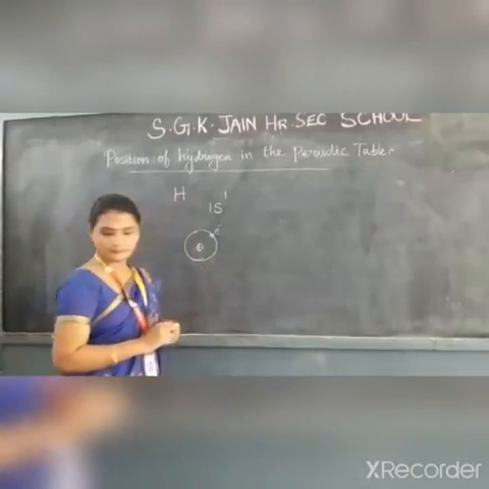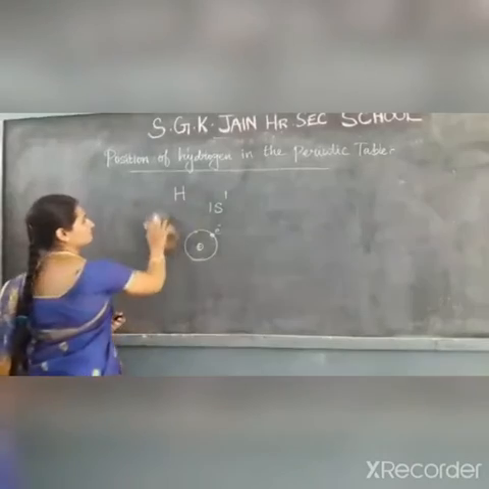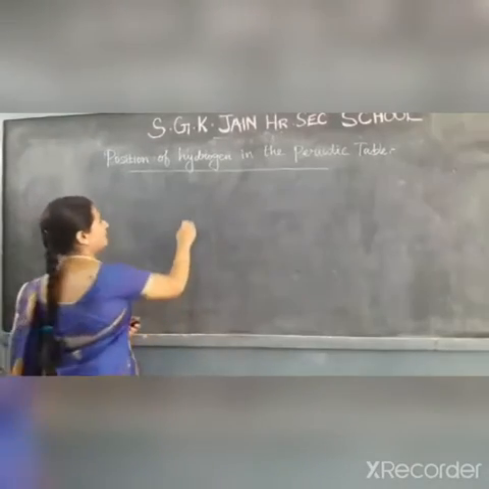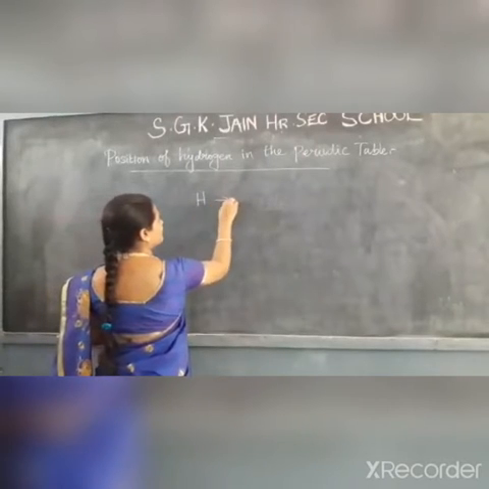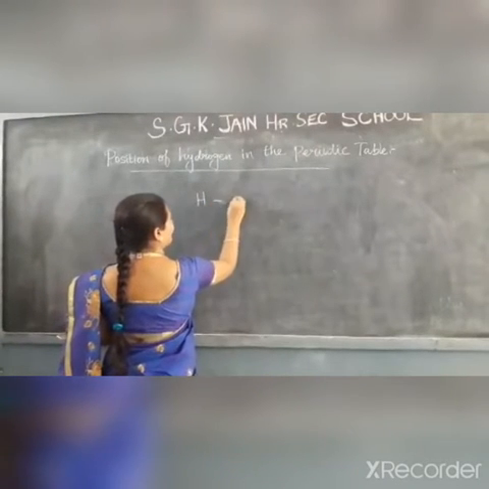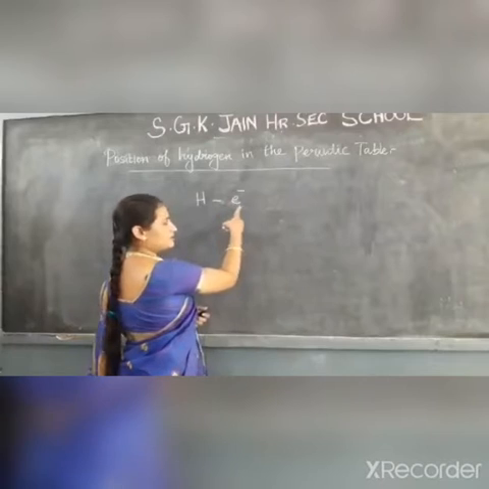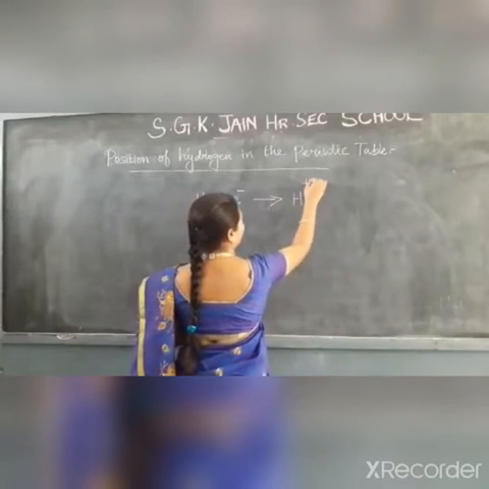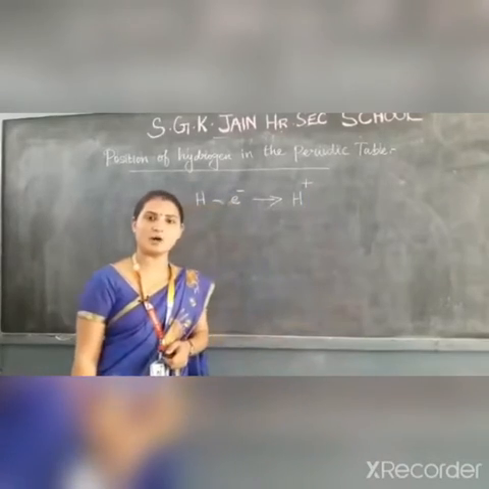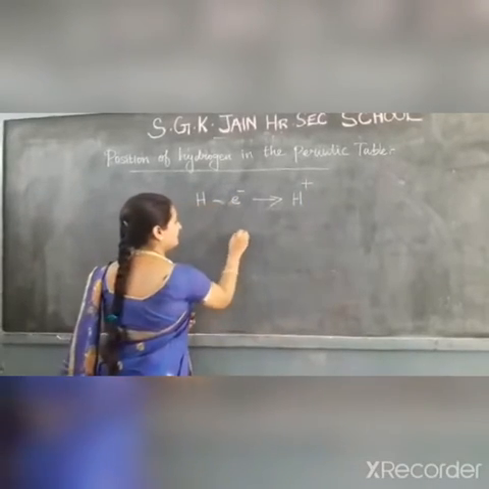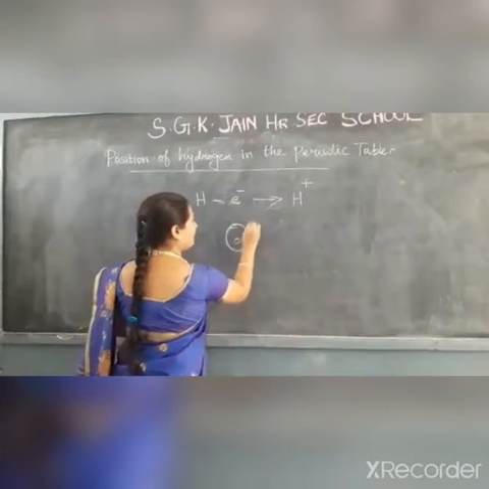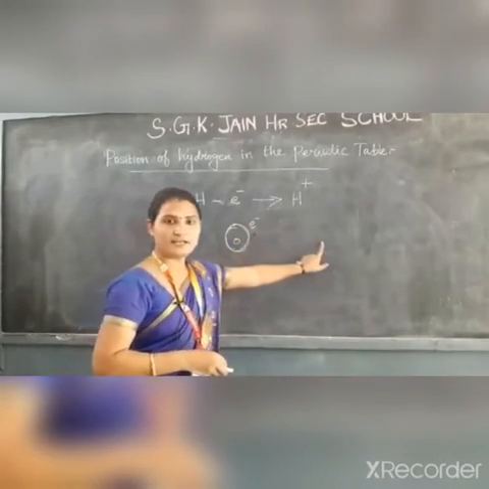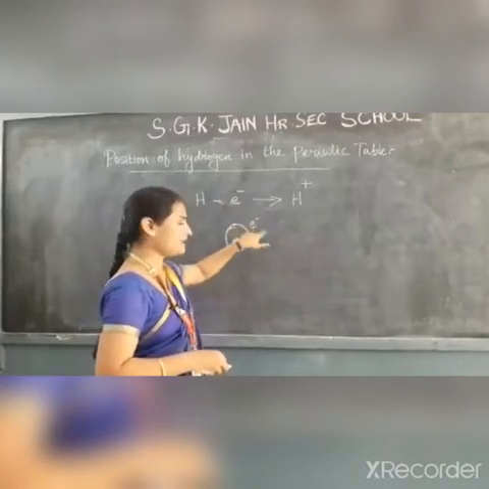I will tell you. It loses 1 electron and forms a hydrogen ion. How? Because there is only 1 electron, that electron is lost.